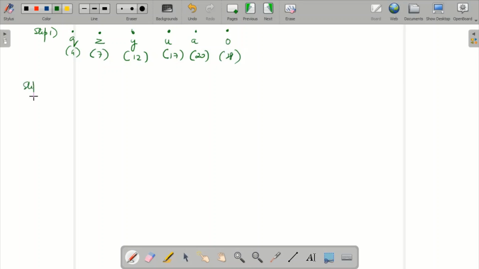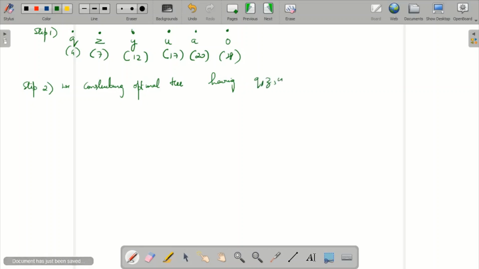Now step 2, as I told, we are going to construct. Anymore it is step by step graphs we are going to generate. Now we are constructing an optimal tree, from step 2, having Q, Z, Y, U, A, O as leaves, by using Huffman's code procedure.